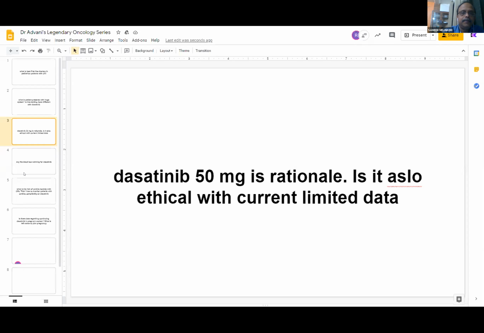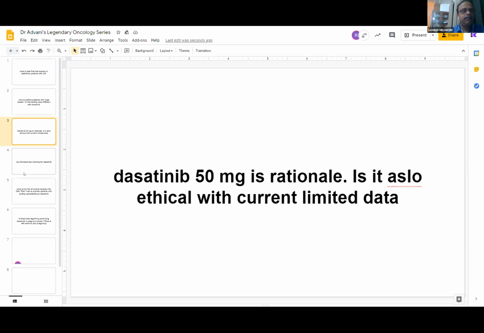Right. The next question is, Dasatinib 50 milligrams is rational. Is it also ethical with current limited data? It's a good question. Even Dr. MBA had mentioned it earlier. There's only one study, and it's not in the guidelines. But we had a webinar with Dr. Elias Jabbar from MD Anderson, and he clearly mentioned that this is our standard of care at MD Anderson.